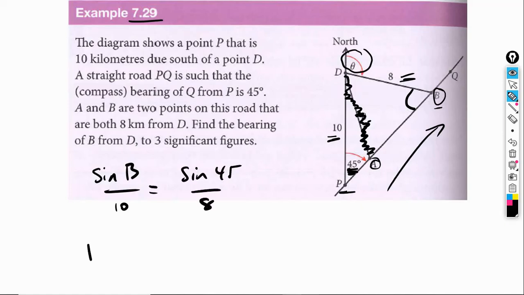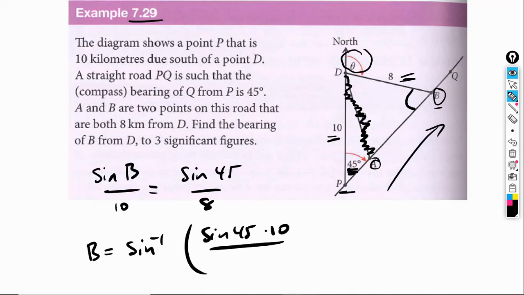So B is equal to the inverse sine, same old, of sine of 45 times 10 divided by 8. And this is going to equal approximately 62.1 degrees.